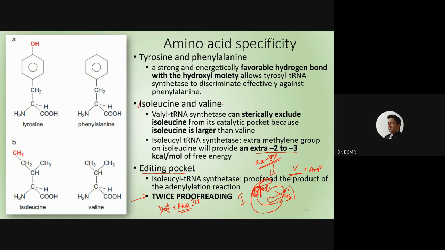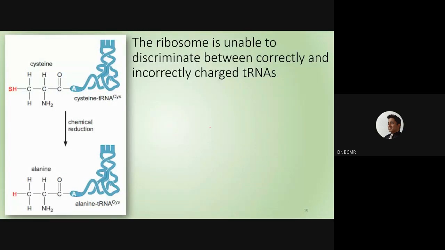And secondly, there is an editing pocket within the isoleucine tRNA synthetase. Only valine-AMP can fit into it, and if it goes there, the high energy bond is broken. So valine can no longer be used for charging a tRNA. That's how some of the examples for proofreading work.